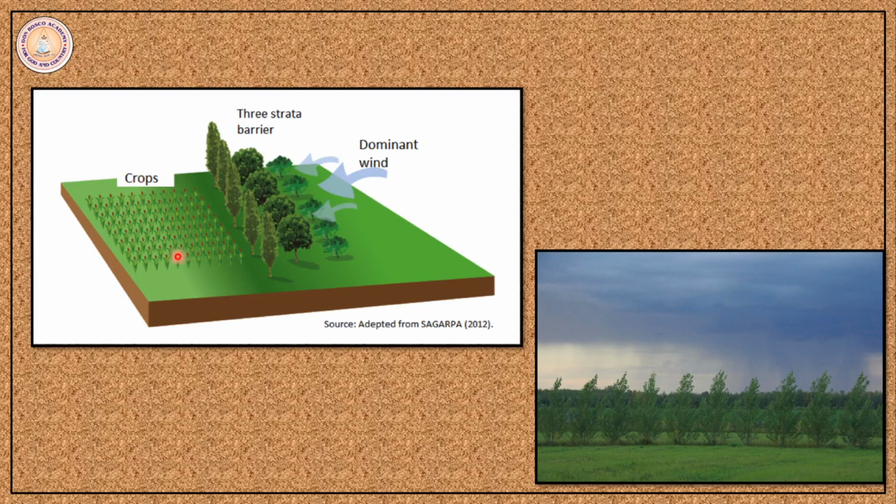Wherever we grow crops, we need to have at least 2 to 3 layers of trees, which we call shelter belts. So when winds blow, they will not carry away the soil, because when crops get harvested, the entire field is laid bare.